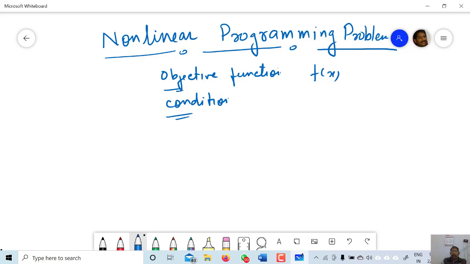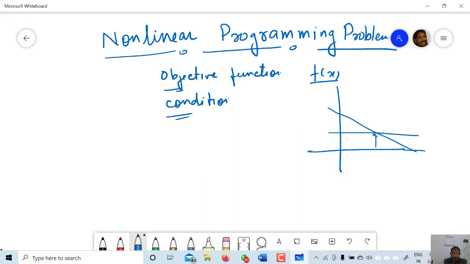So in the case of a linear problem, this function is in the form of a line, and we find the optimum point on that function. But there can be so many cases where the problem is actually non-linear, that means not linear in nature.